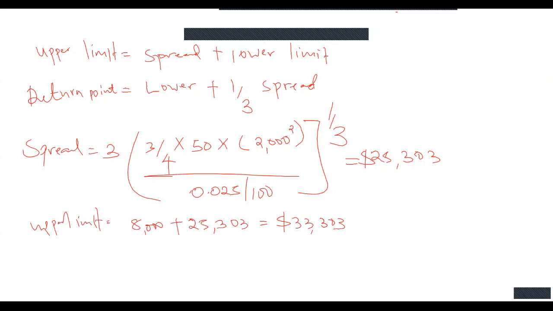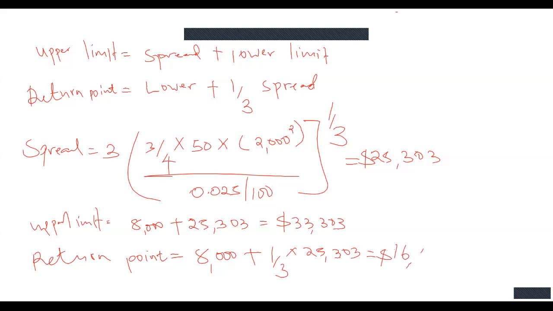To get the target cash balance, the return point, it is still the lower limit, 8,000, plus a third of the spread, 25,303, and you get 16,434. So $16,434 is the return point.